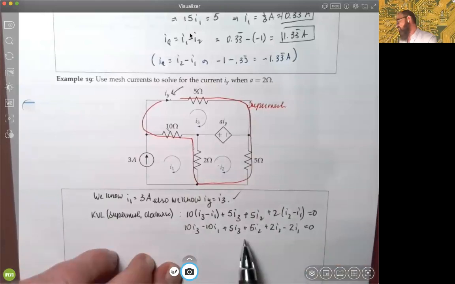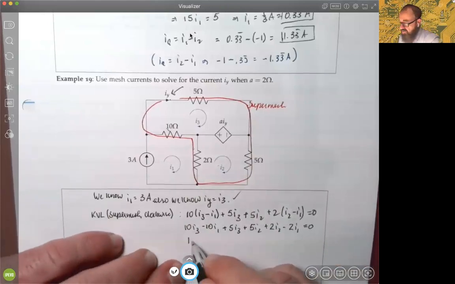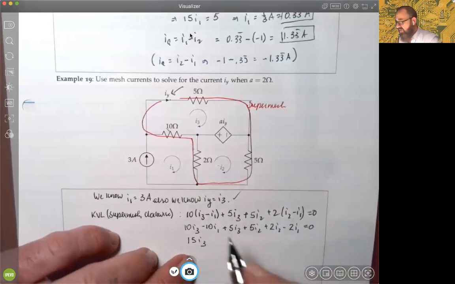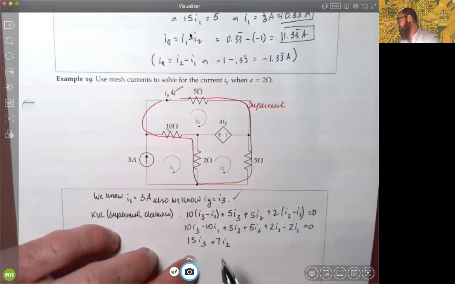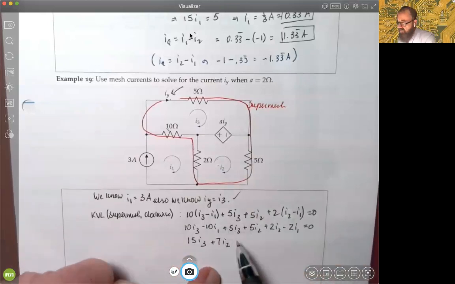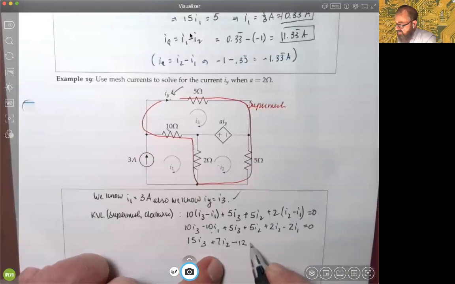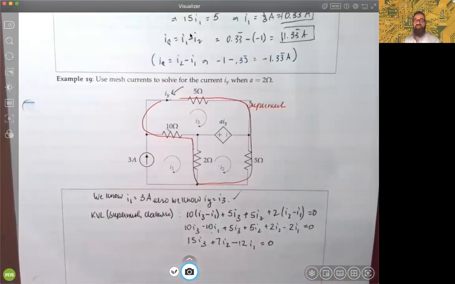Collect some terms here, just doing algebra: 15 times I3, collect the I2 terms, I have 7 times I2, and then with I1, negative 10, negative 2, so minus 12 times I1 is equal to 0, okay?